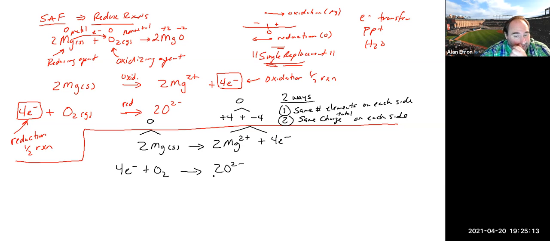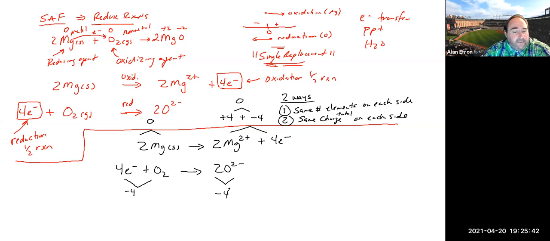We can see the same thing if we look at the bottom here. Overall charge on the left-hand side, 4 times minus 1 is minus 4, and this is 0, the oxygen. Oxygen on the right is 2 times minus 2, which is minus 4. And this is another important point to remember when balancing redox reactions: the charge needs to be the same on both sides. It does not have to be 0 on both sides.